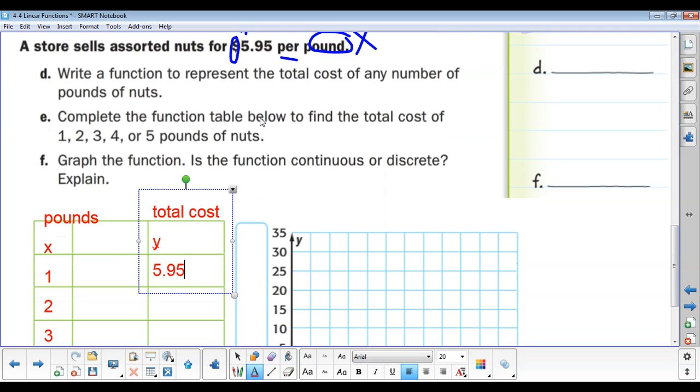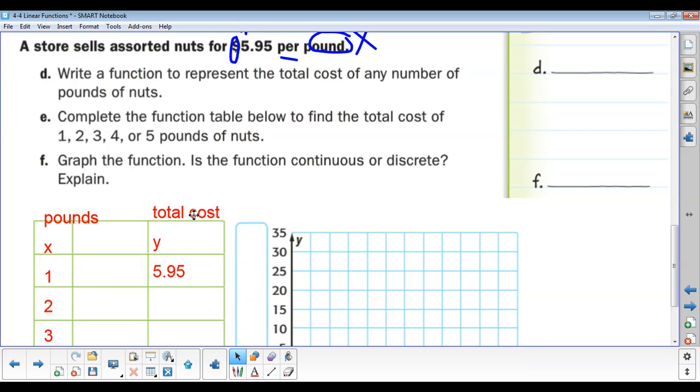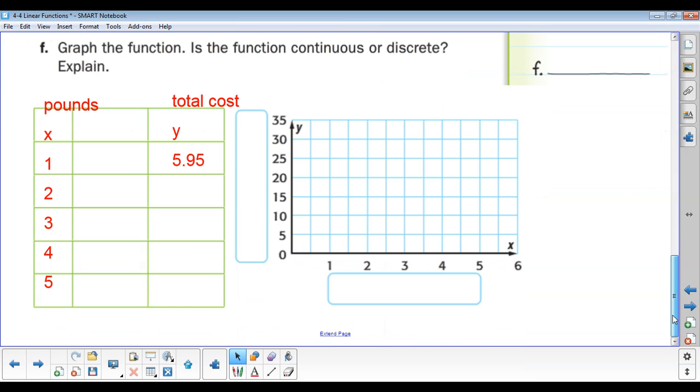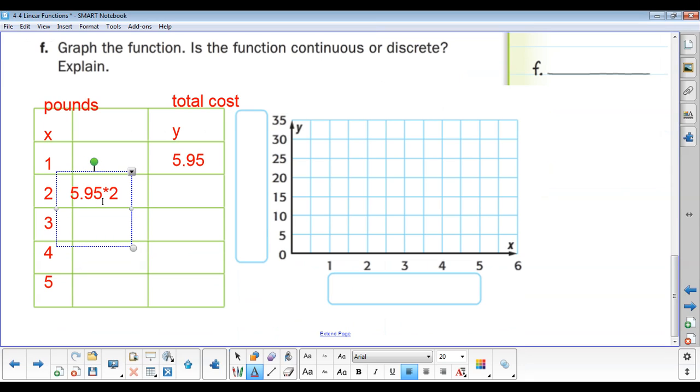To figure out the other ones, if I asked you, hey guys, how can we figure out the total cost of 2 pounds of nuts? You'd say, well, Miss Bills, just multiply $5.95 times 2. Okay, so I would do $5.95 times 2. What about for 3? Let's just do $5.95 times 3. And yep, you guessed it, $5.95 times 4 and $5.95 times 5.